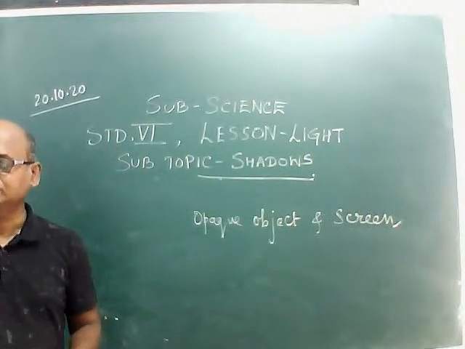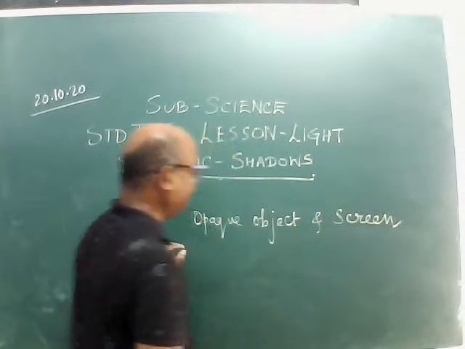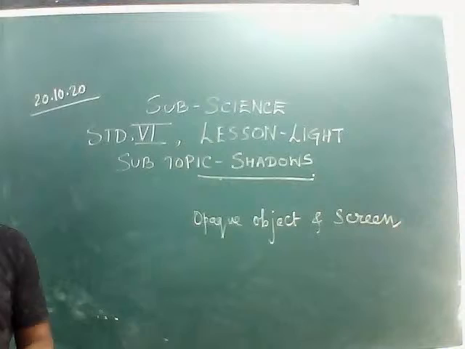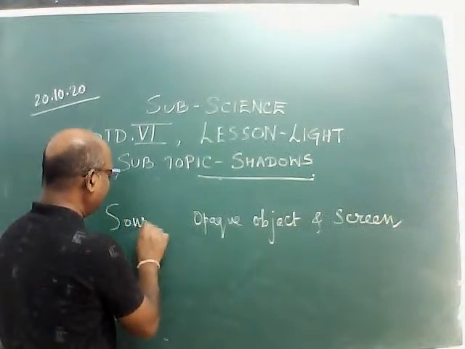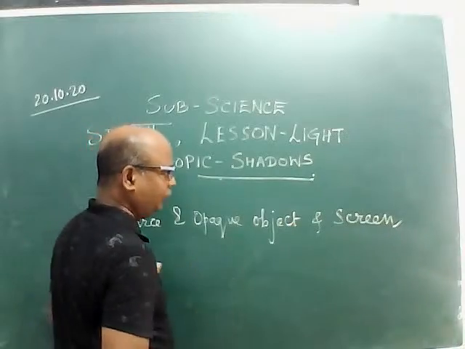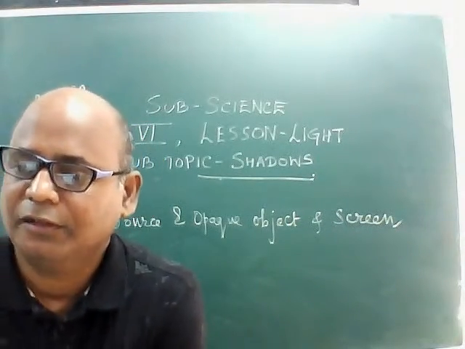The shadow will become bigger. But if you increase the distance between the source and the opaque object, we will find the shadow will decrease.